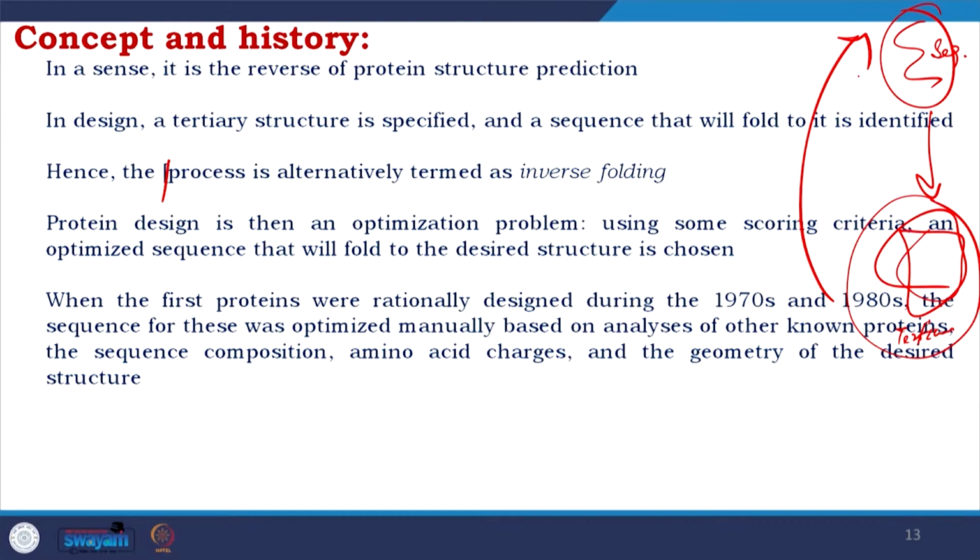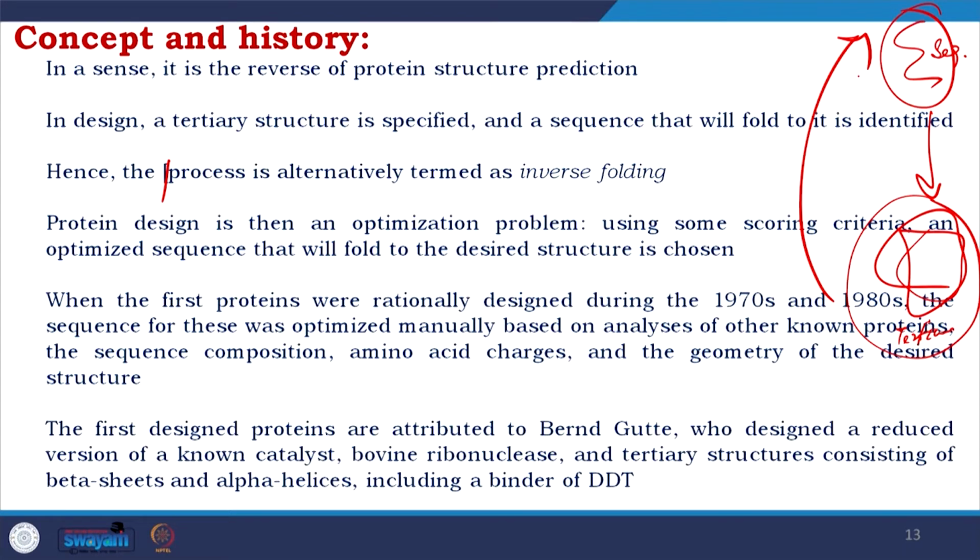When the first proteins were rationally designed during the 1970s and 80s, the sequence for these was optimized manually based on analysis of other known proteins, the sequence compositions, amino acid charges and the geometry of the desired structure. The first designed proteins are attributed to Bernd Gutte, who designed a reduced version of a known catalyst, bovine ribonuclease, and tertiary structures consisting of beta sheets and alpha helices.